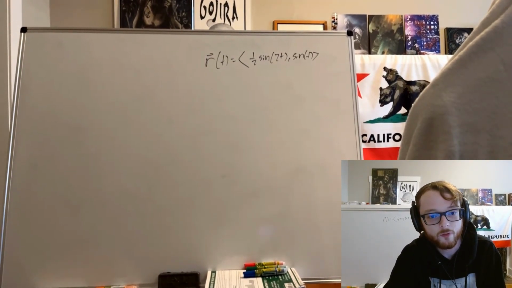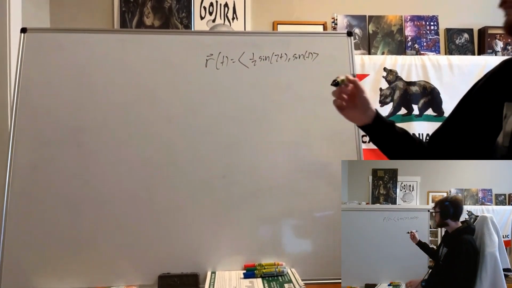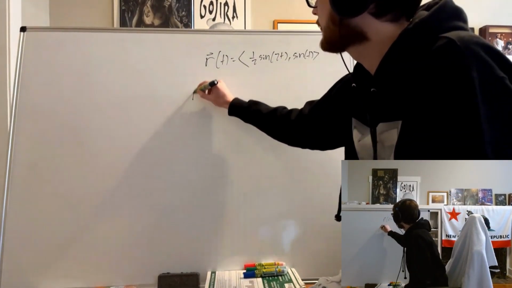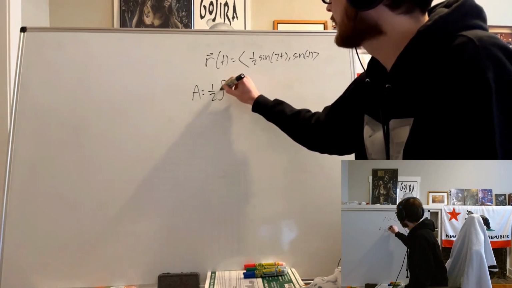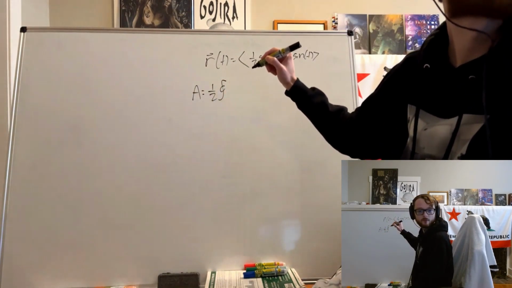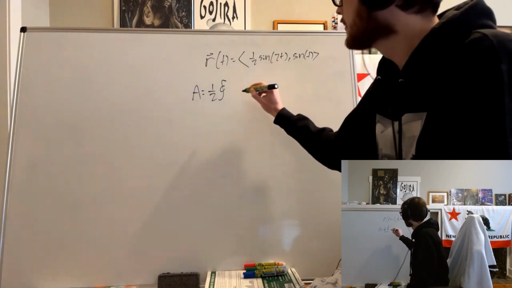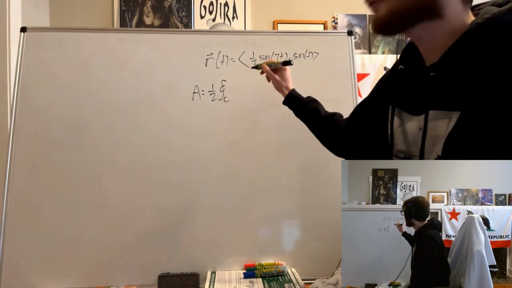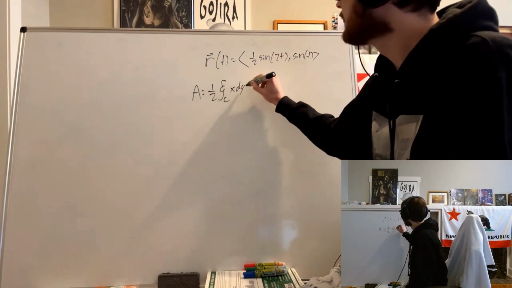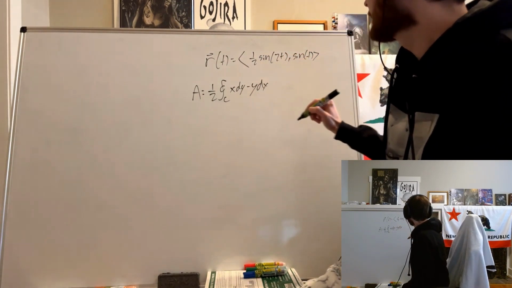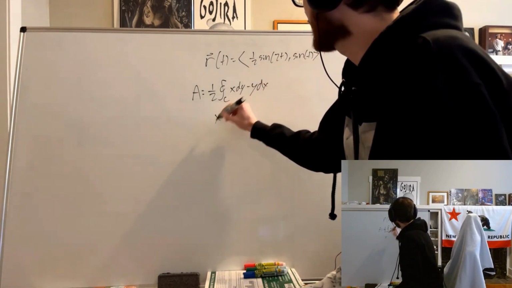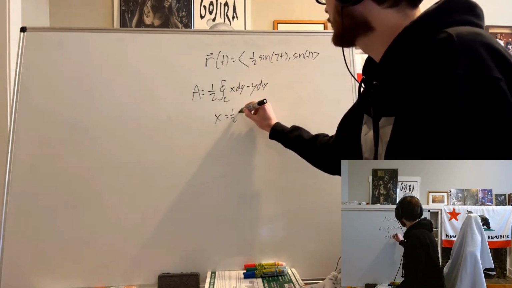So from Green's theorem, we have A is equal to 1/2 the line integral over C of x dy minus y dx. And we know x is equal to 1/2 sine 2t, and y is sine t.